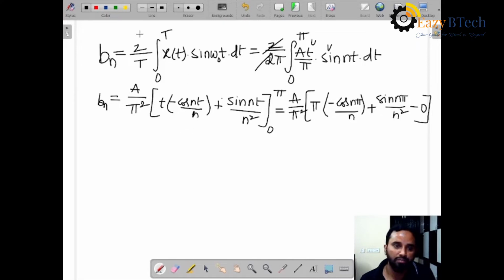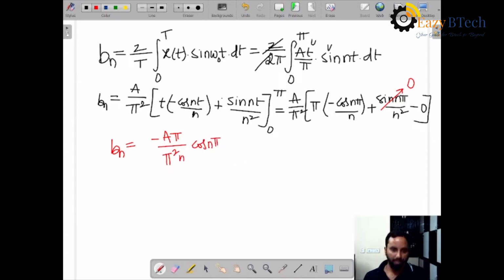Sin n pi we already know is 0. Now the remaining bn is equal to minus a pi by pi square n cos n pi.